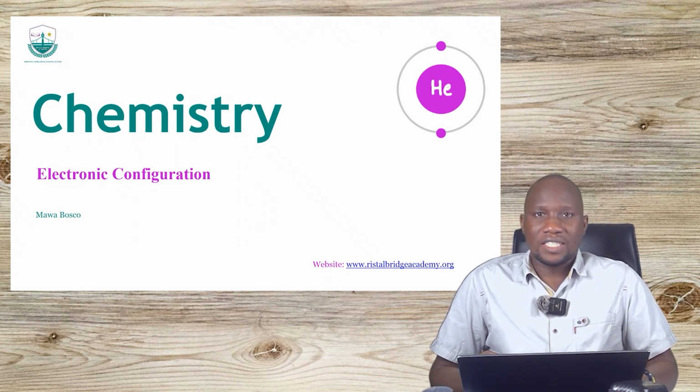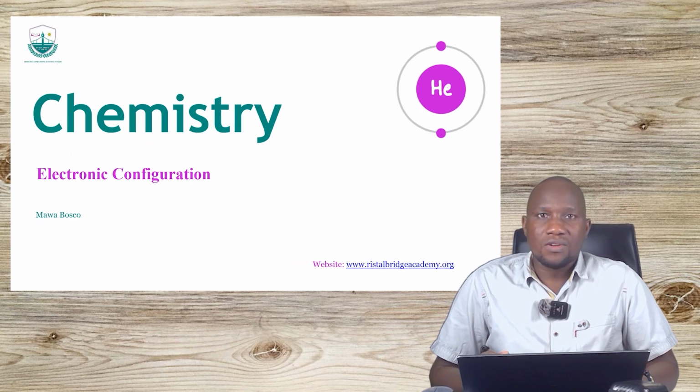So the atomic number, in relation to the number of electrons, plays an important role in determining the chemical characteristics of a particular compound or element.